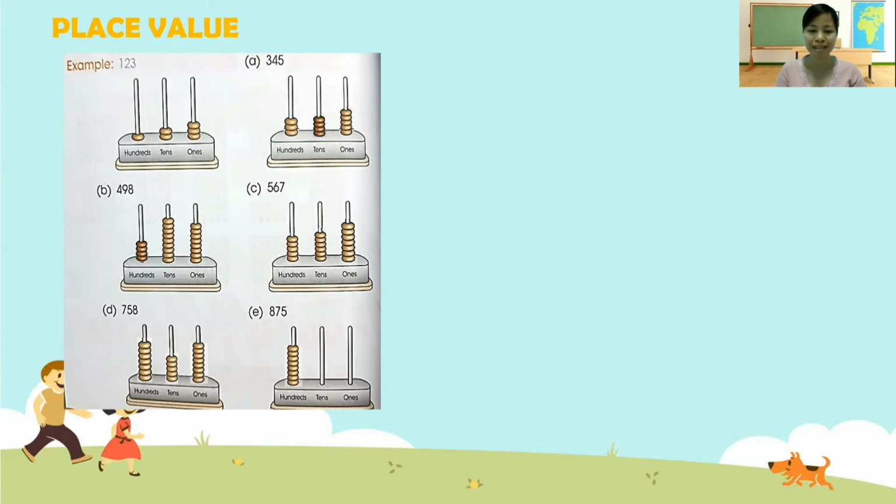So we are going to put 7 beads on the tens. Great. And of course we have 5, which has a value of 5. We are going to put 5 beads on the ones. There you go. Very good.